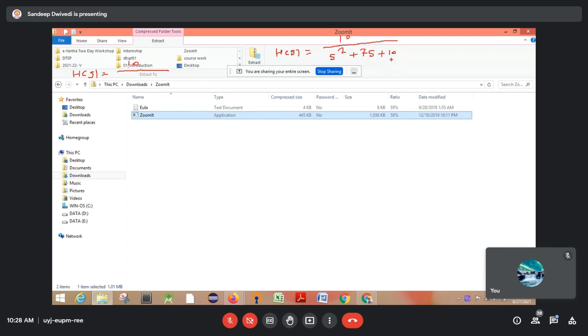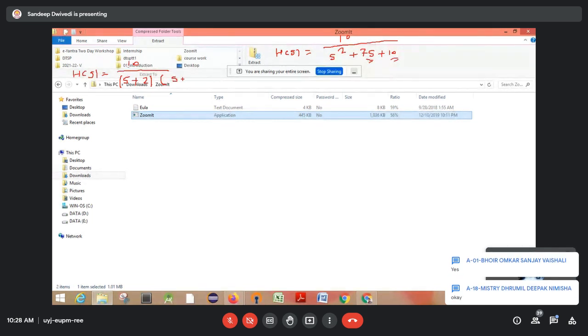So 5 into 2, the multiplication will be 10, and 5 plus 2 will be 7. So you can write it as s plus 2 in one bracket and s plus 5 in another bracket. If you take the multiplication of these two brackets, you will get the same thing.